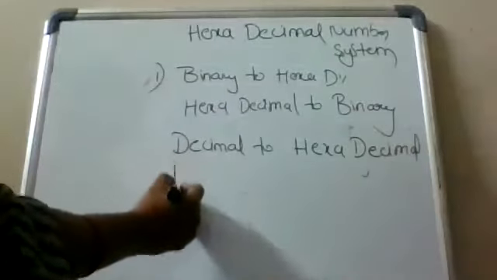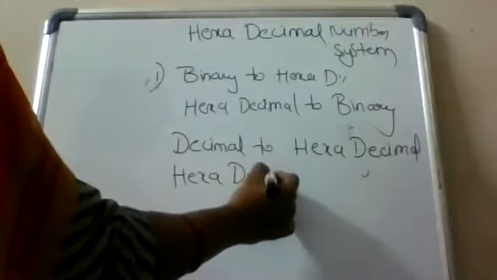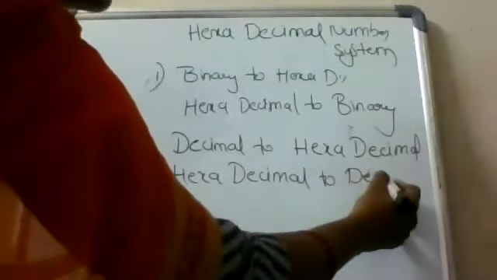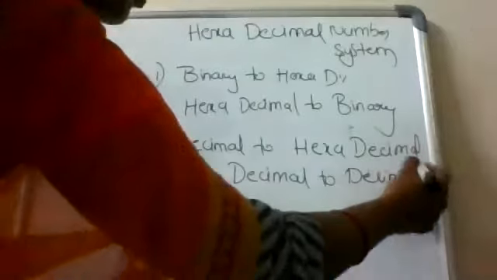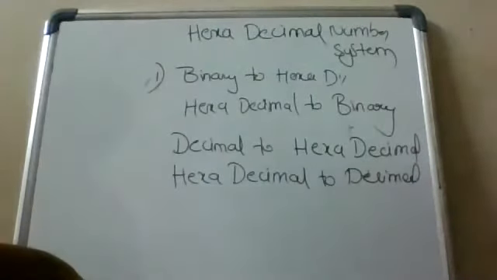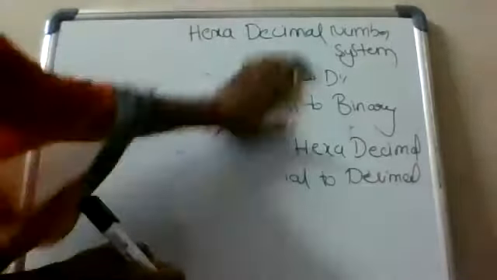And hexadecimal to decimal. 4 conversions: binary to hexadecimal, hexadecimal to binary, decimal to hexadecimal and hexadecimal to decimal. These are the 4 conversions in the hexadecimal number system.